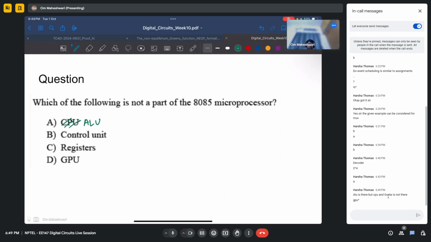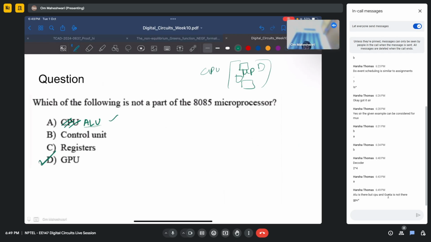CPU is not. CPU, we can say, is a combination of the microprocessor and some other elements. So they should not have written CPU here, it should have been ALU. So the answer will be GPU.